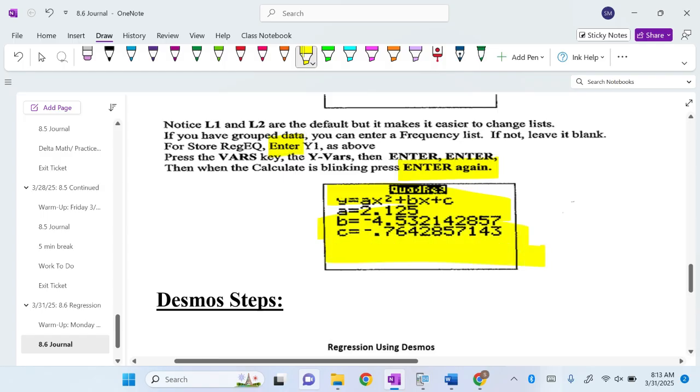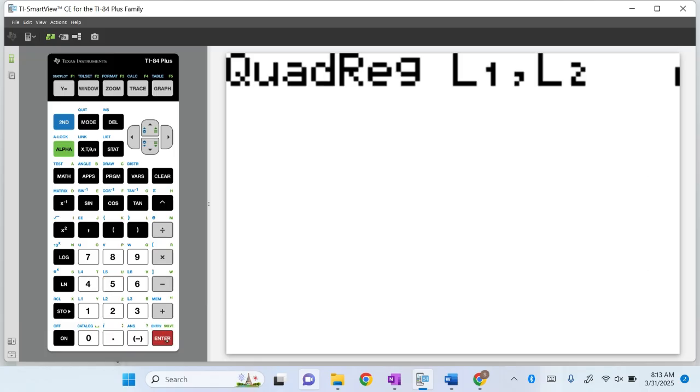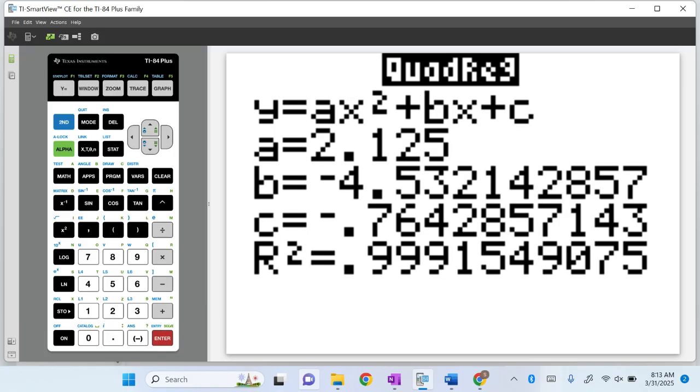That's your end result. So this is your last result. So in your calculator, we're just going to keep hitting enter. And that screen pops up. Oh, don't worry about that. Just keep hitting enter. We'll talk about that in the next unit. I don't really care about that right now.